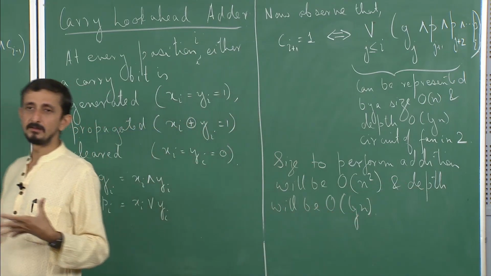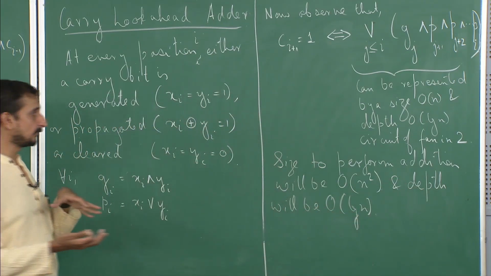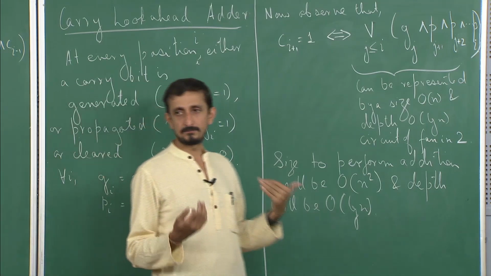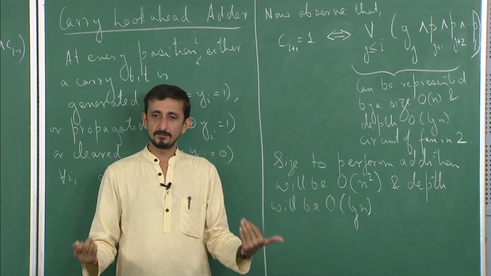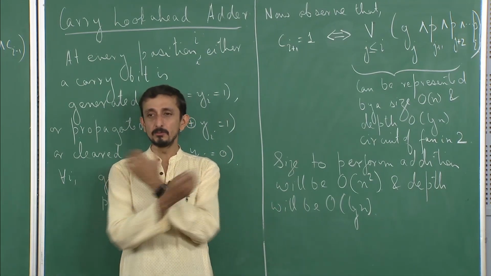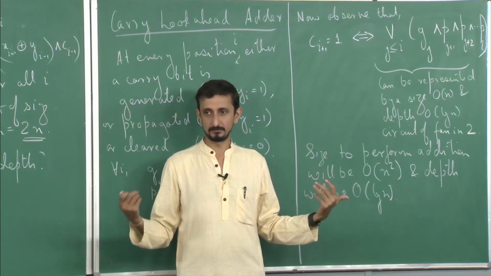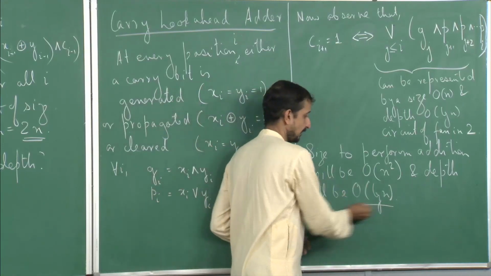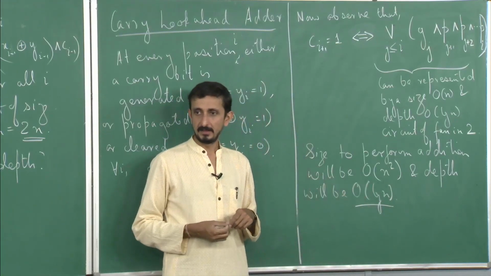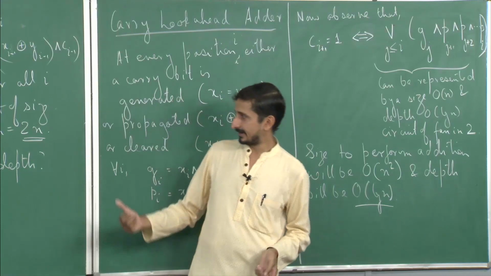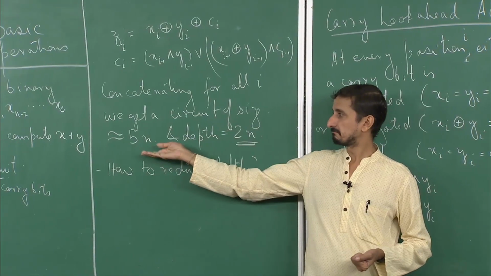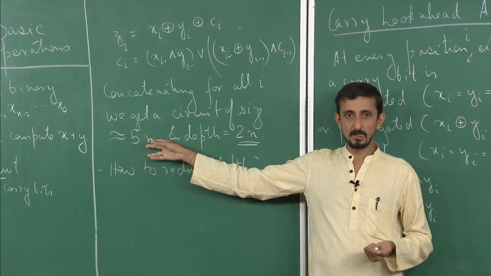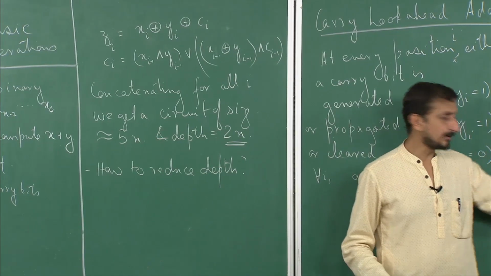You cannot do better than log n. If you only allow bounded fan-in, you cannot do better than log n, because if you allow bounded fan-in and you are smaller than log n, then you can't even see the entire input. Okay, so this quantity is optimal, right? And we saw that there are circuits of size linear, right? So this quantity is not quite optimal.